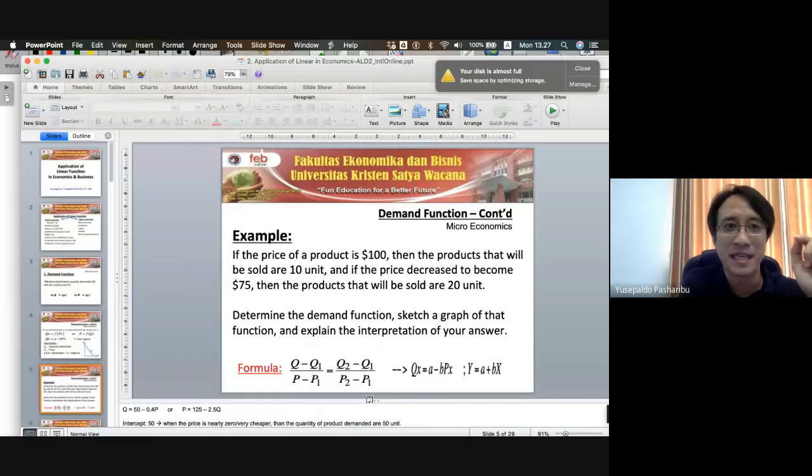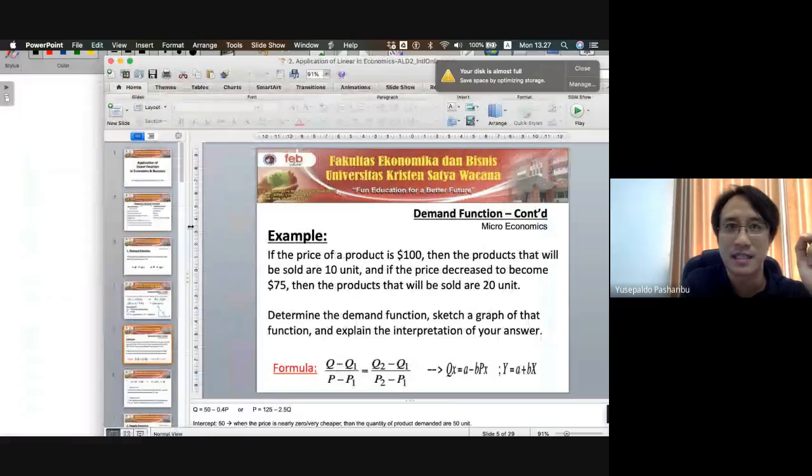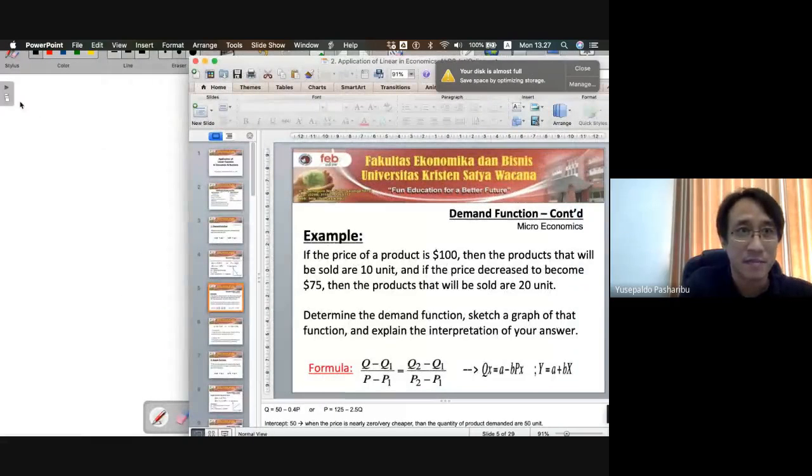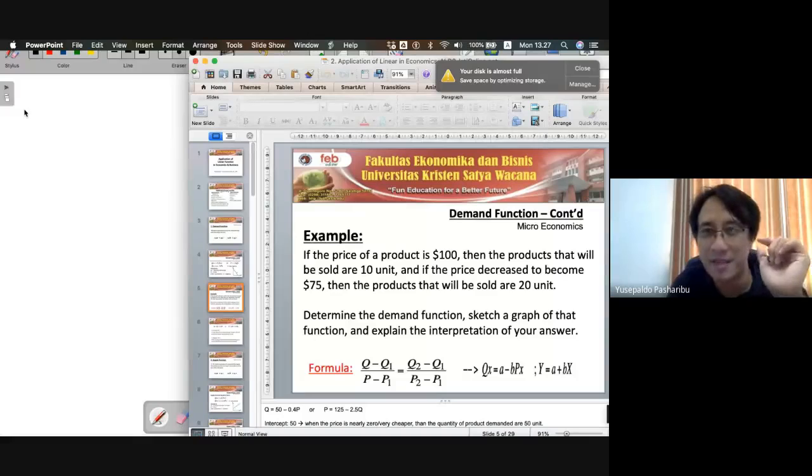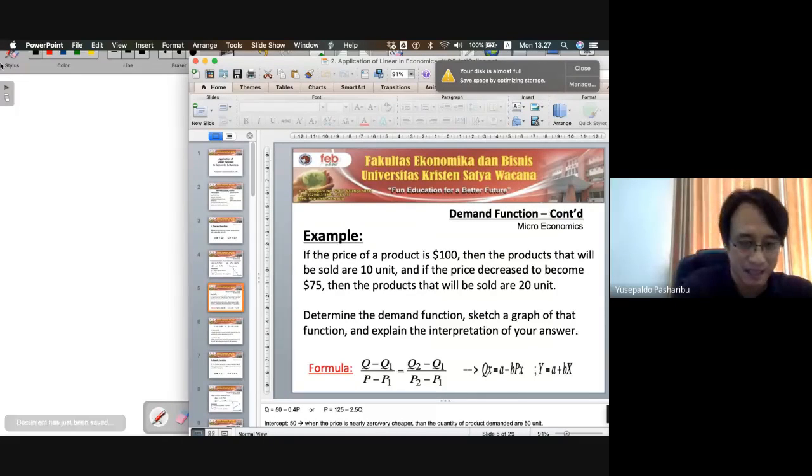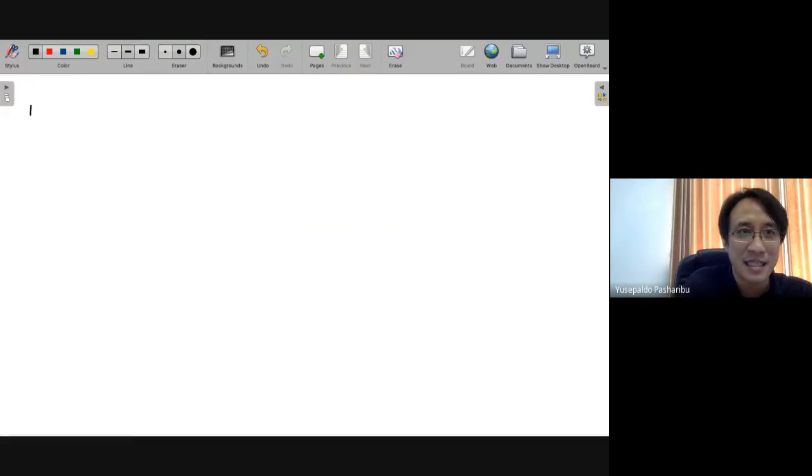I just try to type here. If the price P1 equals $100, then the quantity that will be sold is 10 units.